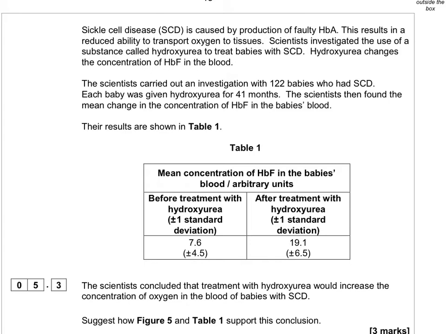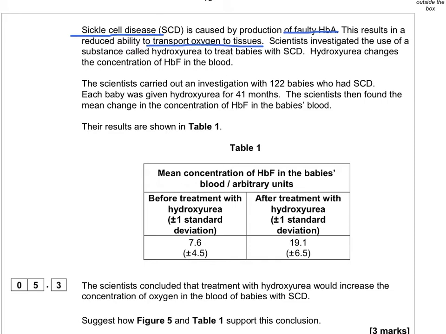You'd know the basics, but not necessarily the actual example. You may have discussed sickle cell disease, but don't worry if you haven't, because it tells you it's produced by a faulty HbA. This results in a reduced ability to transport oxygen to tissues, which is a pretty bad thing because that reduces respiration.